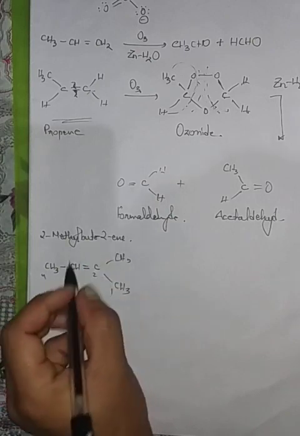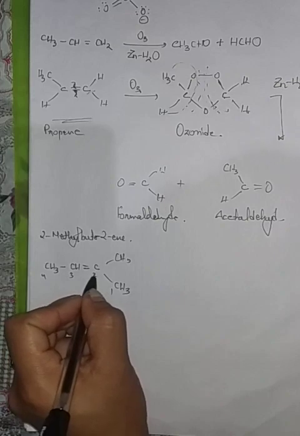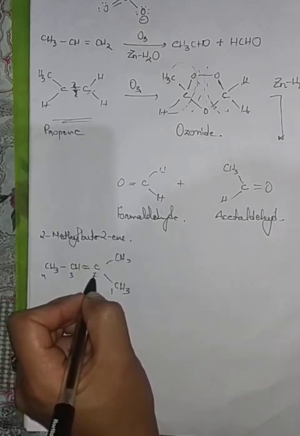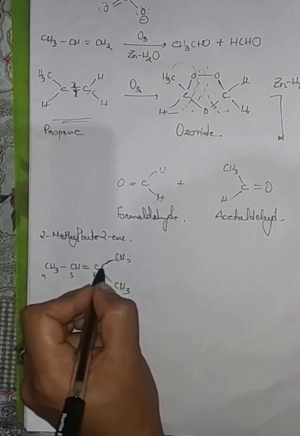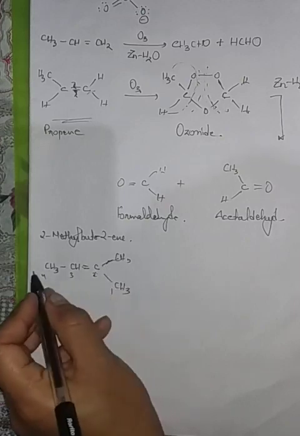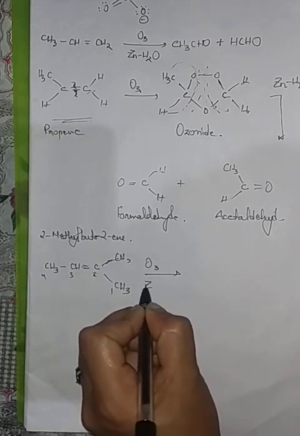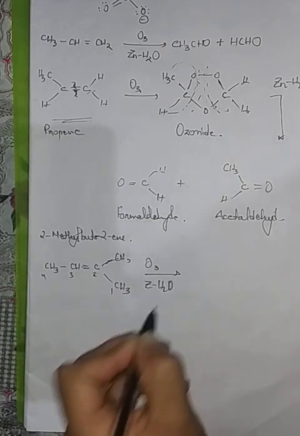The double bond is on the second carbon, therefore 2-butene, and the methyl group is also on the second carbon atom, therefore 2-methyl-butene. Now when it undergoes ozonolysis, what is the product formed?